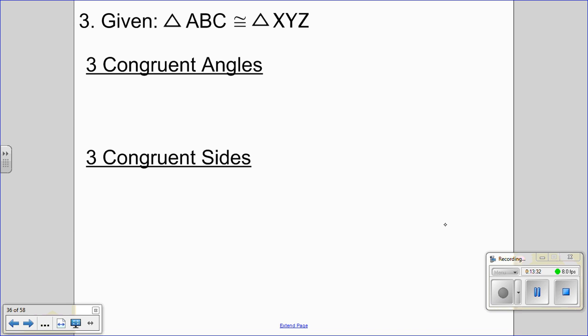So on number 3, they give you the triangle and they want you to list the 3 congruent angles and the 3 congruent sides. So I'm pretty sure you can do this one on your own. If it helps, draw a picture, but you shouldn't need to draw a picture.